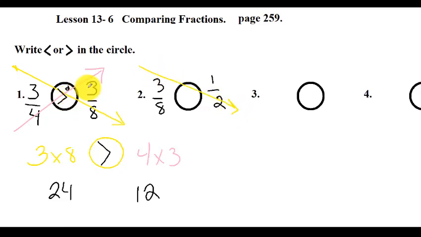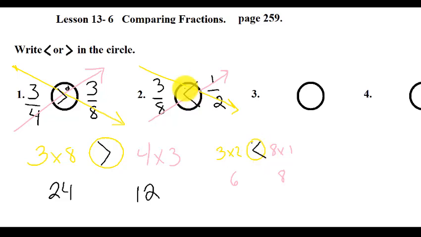Let's write it here. 3 times 2, put the circle here, and now 8 times 1 is 8. You remember, the bigger one in this case is 8. Okay, the Pac-Man is going to eat 1/2.